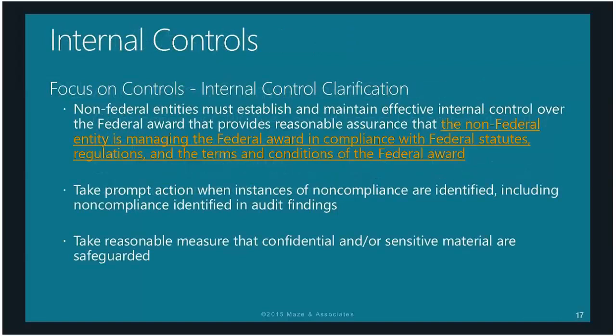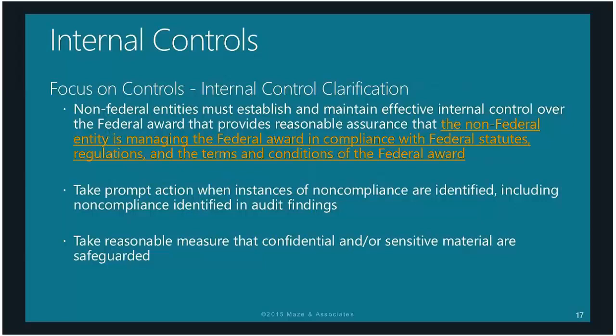So internal controls is an important component in accounting and auditing. This was emphasized in the uniform guidance. Non-federal entities must establish and maintain effective internal control over the federal award that provides reasonable assurance that the non-federal entity is managing the federal award in compliance with federal statutes, regulations, and the terms and conditions of federal awards. Essentially, are there controls in place that ensure the expenditures are allowable?